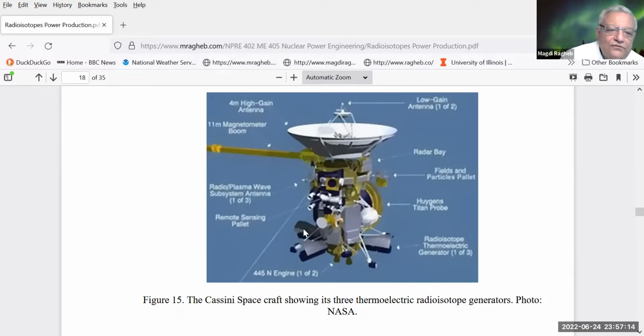1, 2, 3. And I've shown you a picture already of one of those thermoelectric generators. So the power to all this instrumentation here, radio plasma wave subsystem and so on, antennas, radar, antenna to communicate with the earth here, all of these are provided electricity by those radioisotope generators.